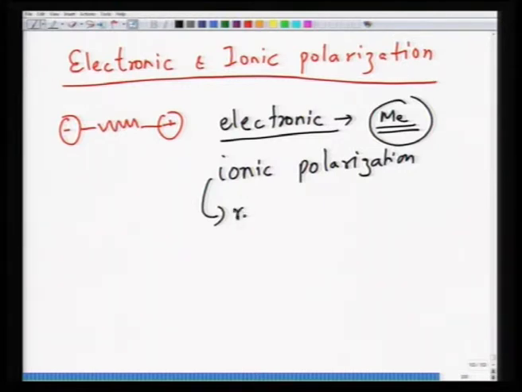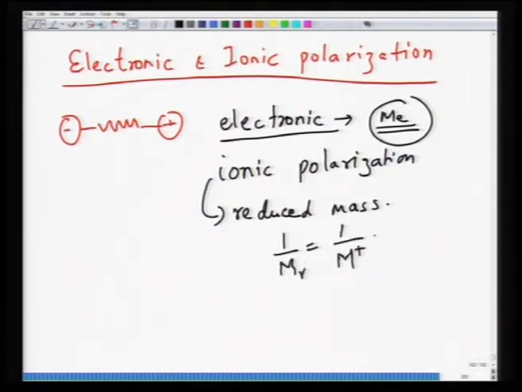So, here we take what is called the reduced mass, and this reduced mass is nothing but 1 by m_r is equal to 1 by m plus plus 1 by m minus.